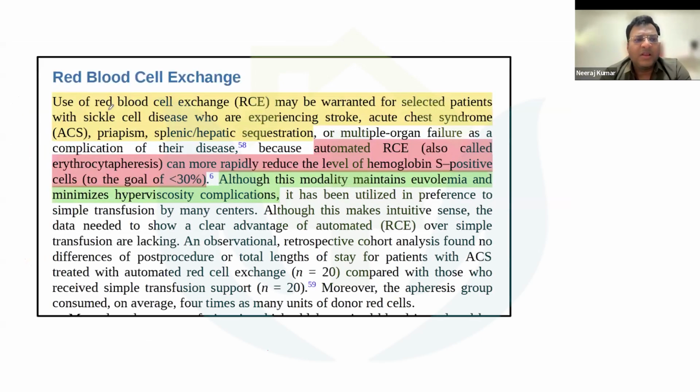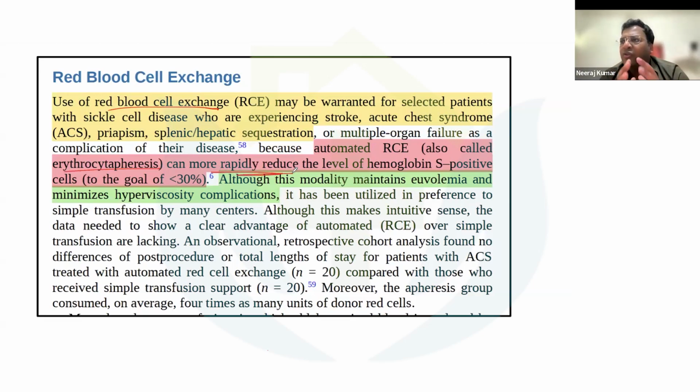Now you see why. We know that red blood cell exchange is basically a treatment strategy for a few selected patients who have sickle cell disease but are experiencing some complications, right? Because of splenic or hepatic sequestration or multi-organ failure. And this is also known as erythrocytopheresis. Why is it known as erythrocytopheresis? Because it rapidly reduces the level of hemoglobin S positive cells.